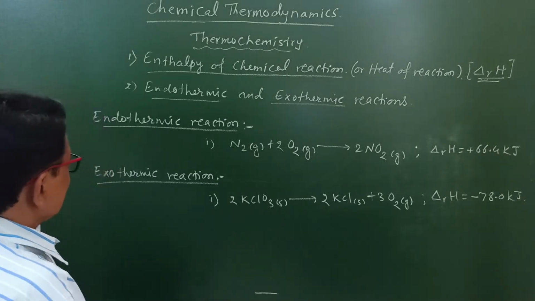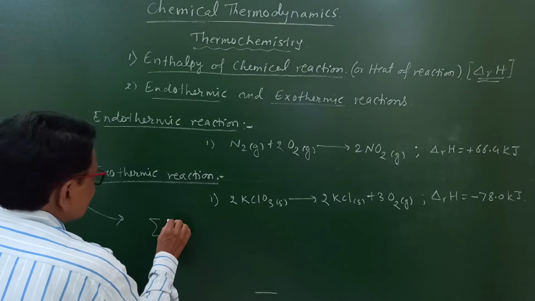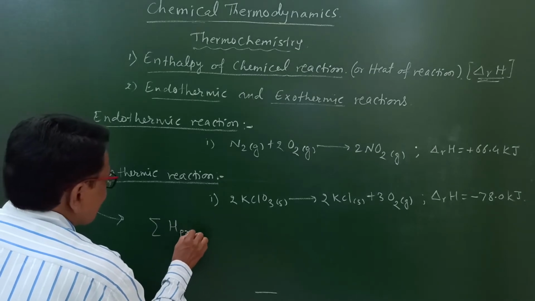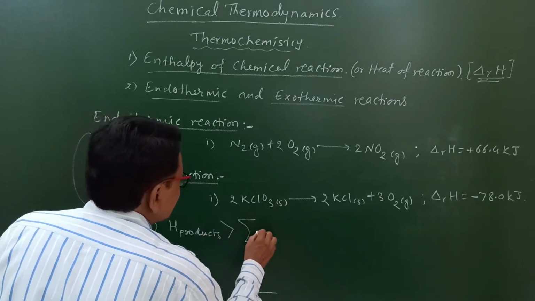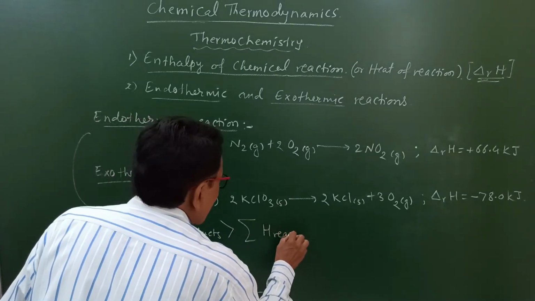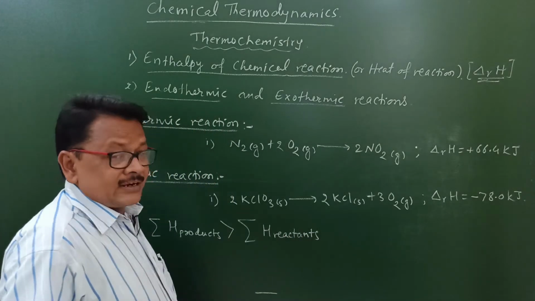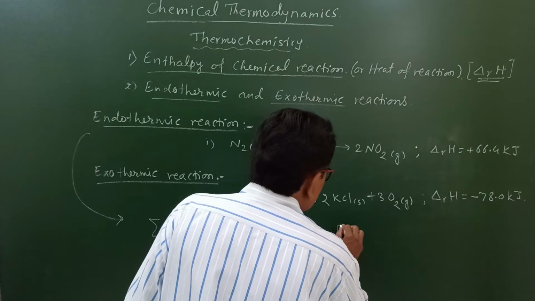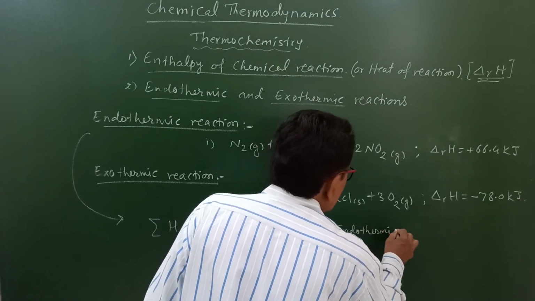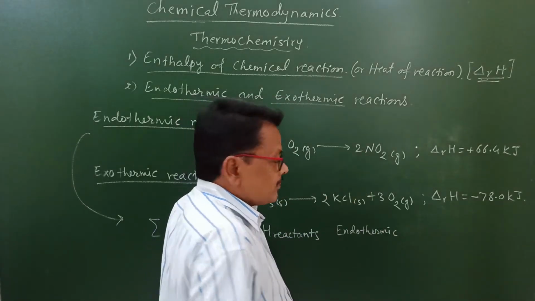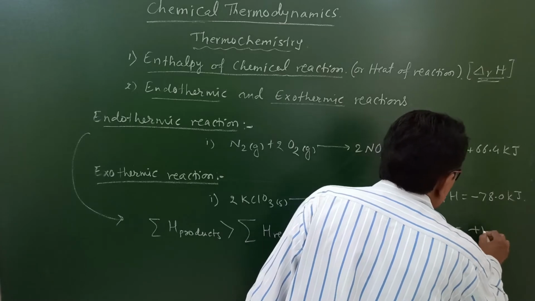When the summation of enthalpy of products is greater than the summation of enthalpy of reactants, then we can say that the reaction is endothermic, and it is shown by a positive sign. Its delta H value will be positive.